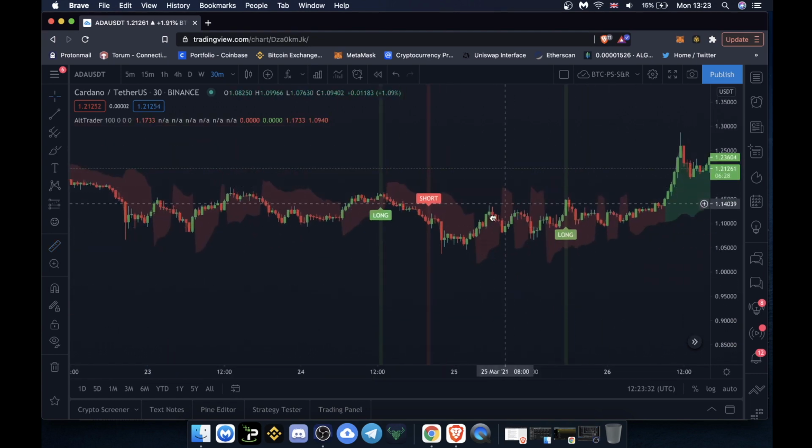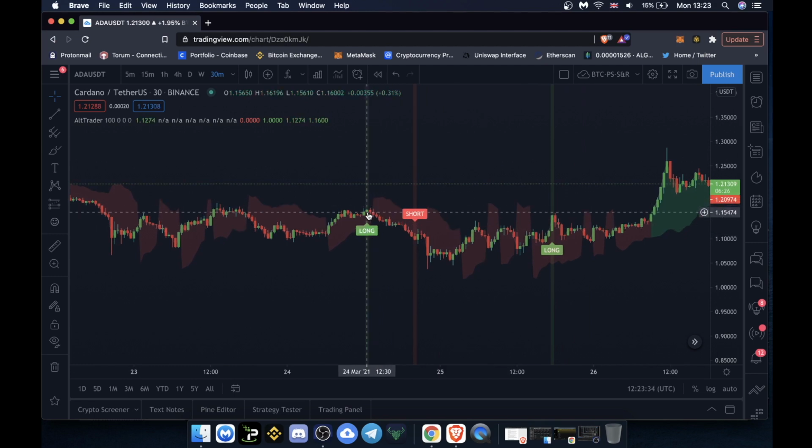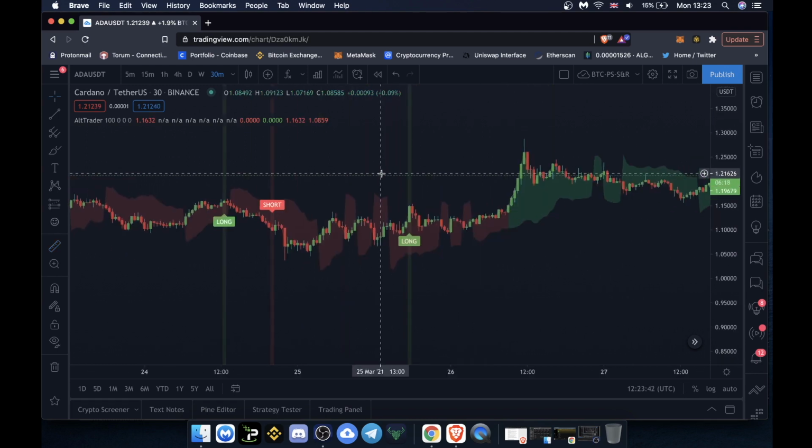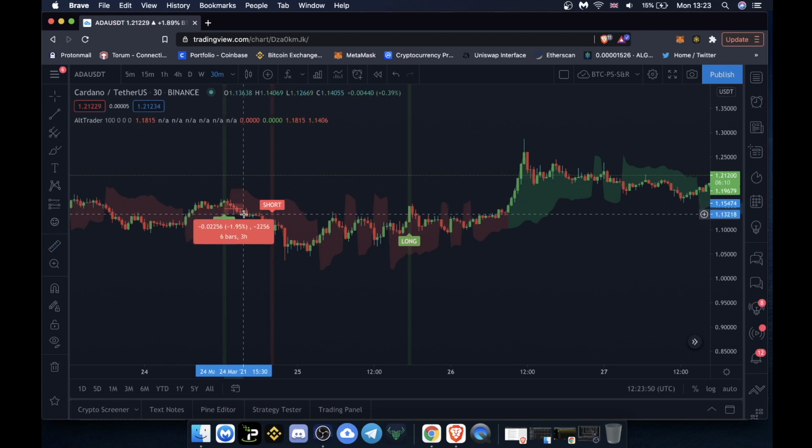Here's an example here. This long came in and then there was a short, so again 3.5% that potentially you could have lost. You could have got out sooner if you had seen that there were consistent red candles from the first long, and you could have easily saved yourself 2% there.